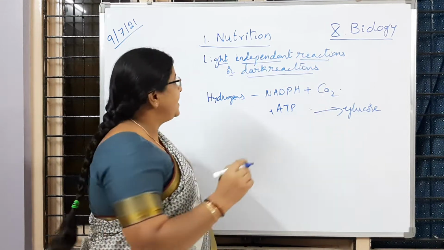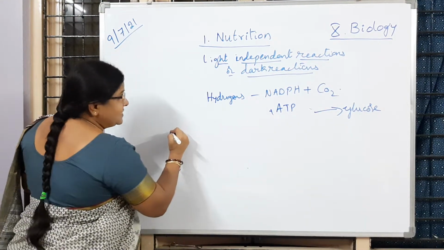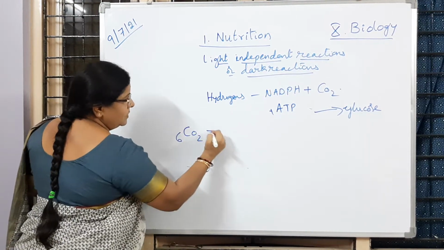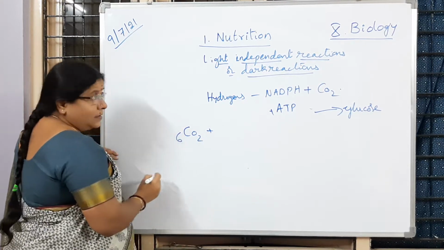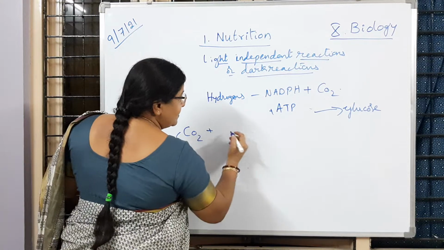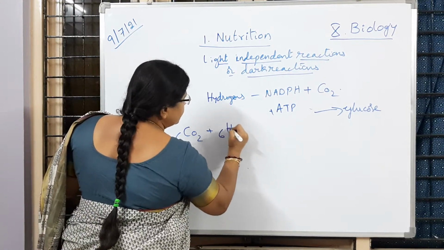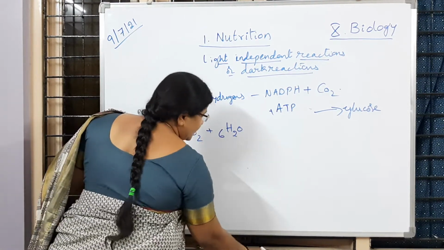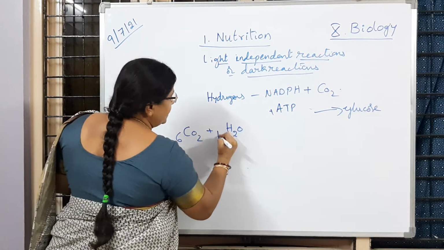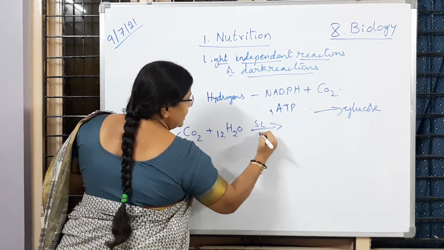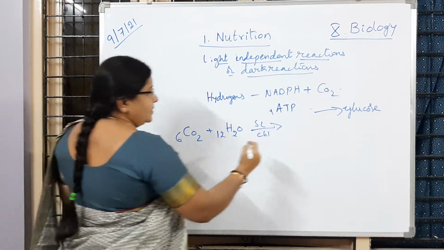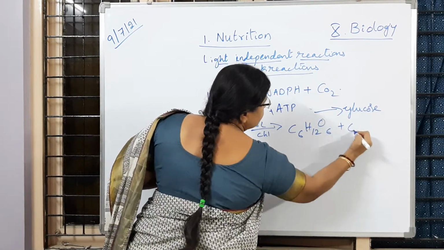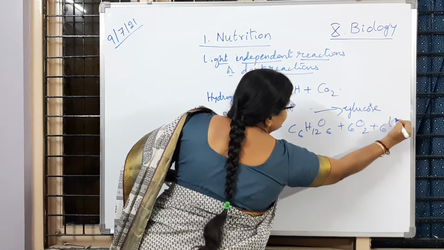If you recall the equation of photosynthesis, 6 molecules of carbon dioxide are used to prepare 1 molecule of glucose. 6CO2 plus 12H2O, 12 molecules of water, in the presence of sunlight and chlorophyll, we are going to get 1 molecule of glucose plus 6O2 plus 6H2O.